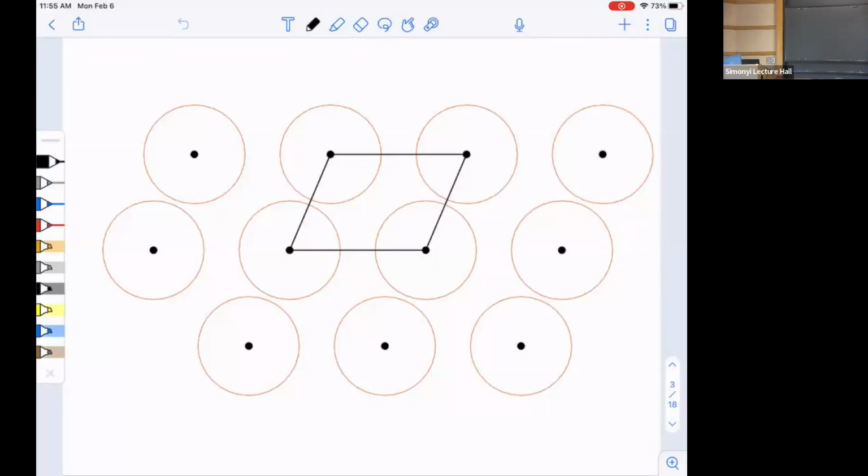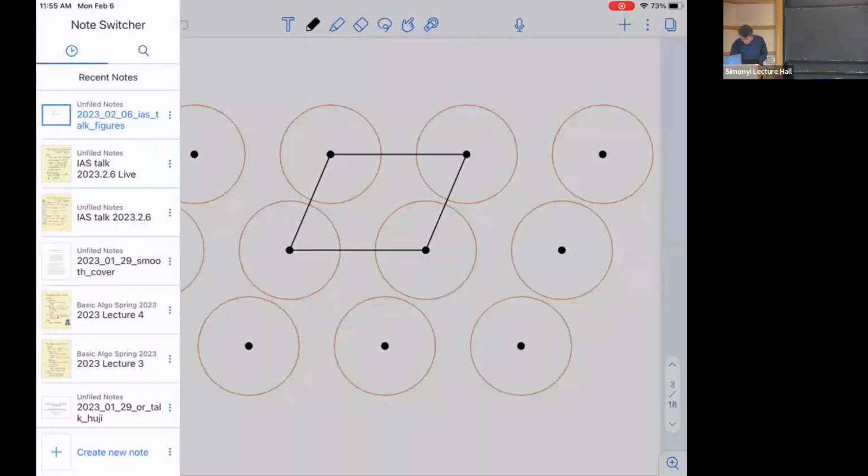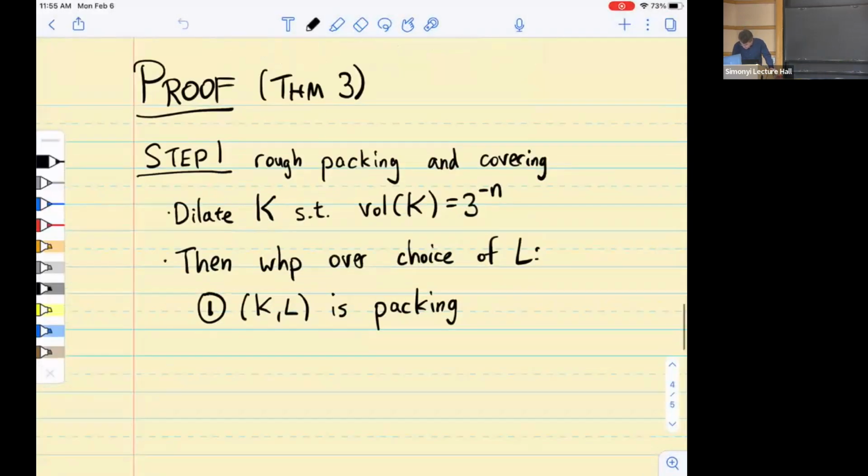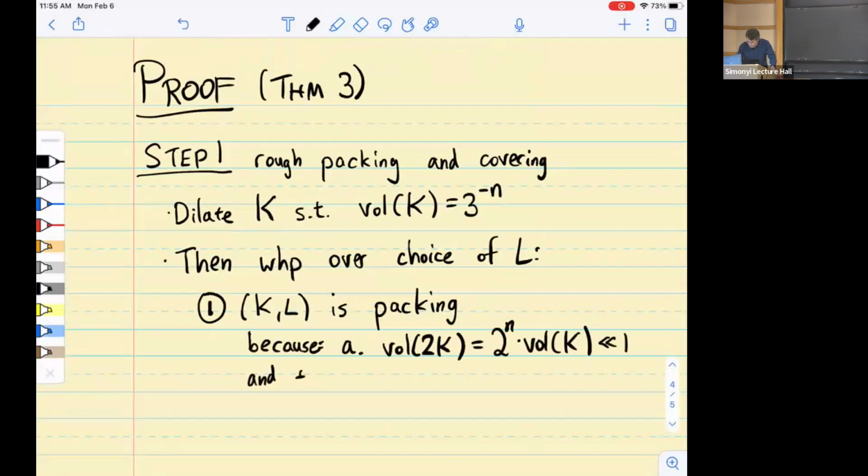You don't need to know the definition, but let me briefly say it to give some intuition: the volume of 2K, if I scale it by a factor of 2, is 2 to the n times the volume of K, which is still much, much less than 1. And because of that, we use Siegel's summation formula.